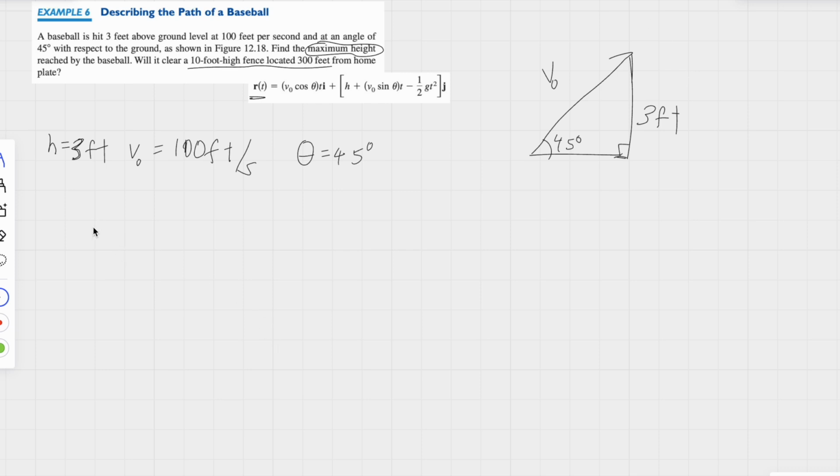So the first step to solving this is probably just to plug things into this position function and see where it takes us.